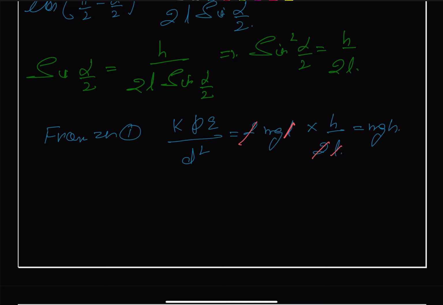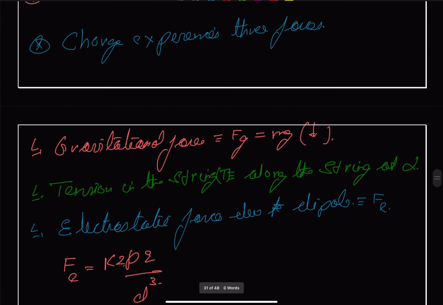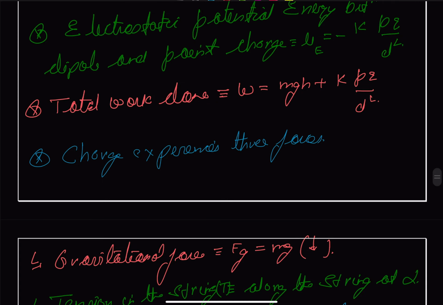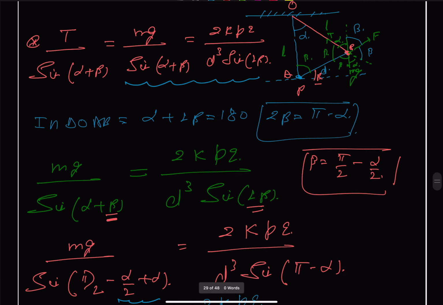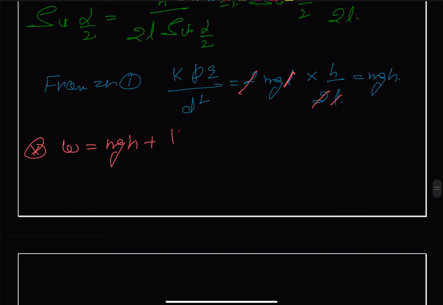So we simply substitute now our work done, that is our W. So our W was equal to mgh plus kpq upon d square.